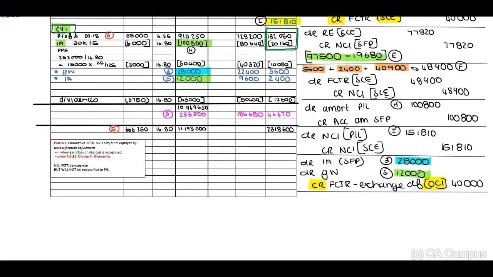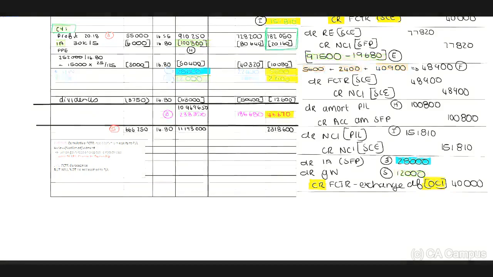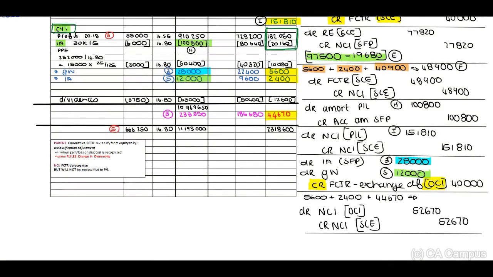Again, guys, look at our journal entry, a little bit different compared to the previous one. We now need to add the 5,600. Let me just make use of another color here, guys. Yellow. 5,600, 2,400, and the 46,670. You will identify that this is a 44,670, not 46,670, guys. Apologies. Right. Now, the total is 52,670. Now, look at this again for me.